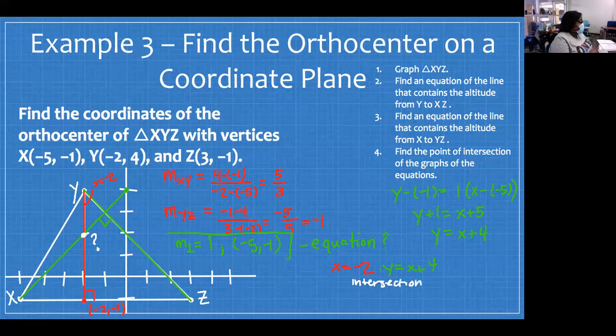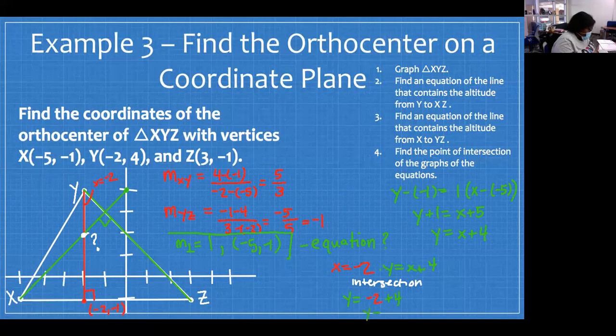So we need to know the intersection of these two things. Well, that's really easy. All we need to do is put x into y. So we end up with y equals -2 plus 4. And so -2 plus 4 is 2.